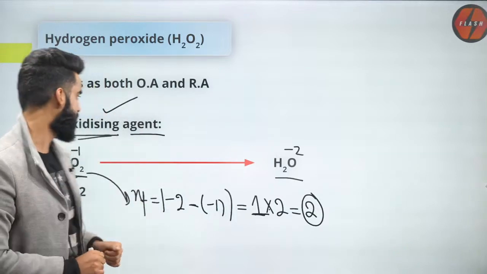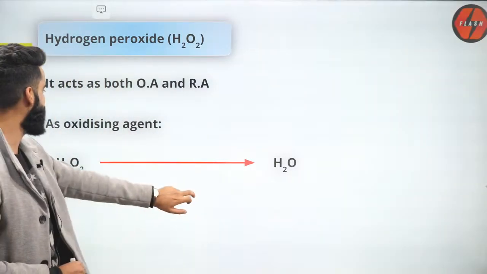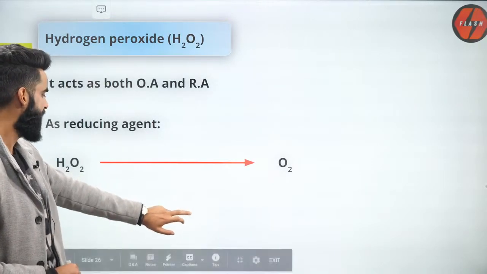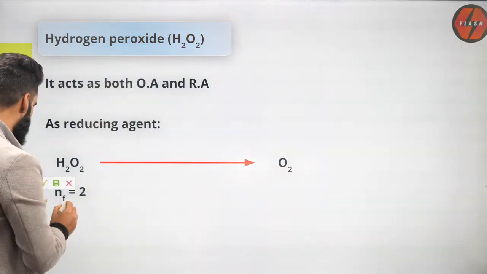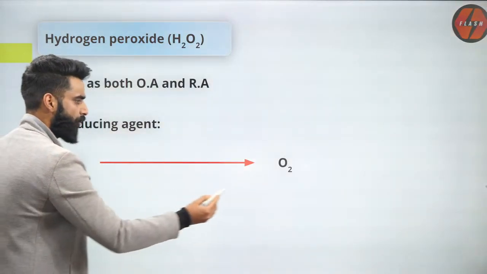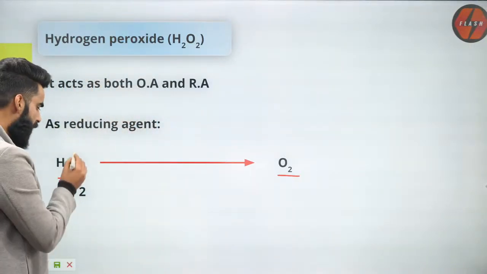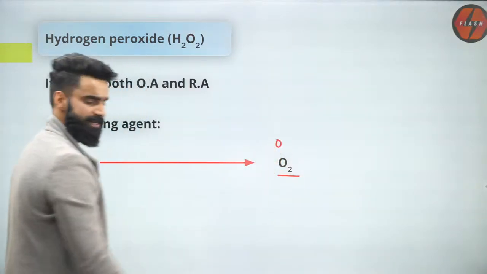Right? Now the point is, when the same H2O2 acts as the reducing agent, it gets converted to O2. See, what is the oxidation state of oxygen here? -1. What is the oxidation state of O2 over here? It is 0.